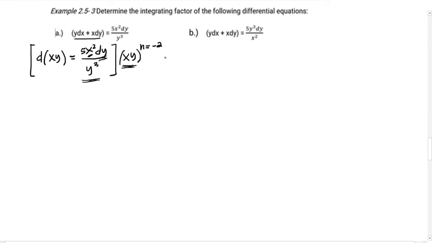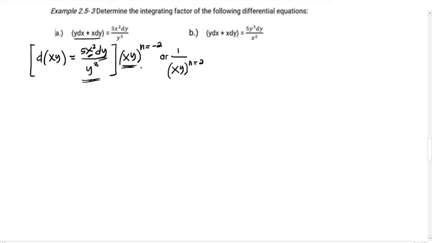Or else, you can also write xy in the denominator, and our exponent here is equivalent to 2. Take note, xy raised to negative 2 is just equivalent to 1 over xy raised to 2. So it's up to you which of these two is your preference.